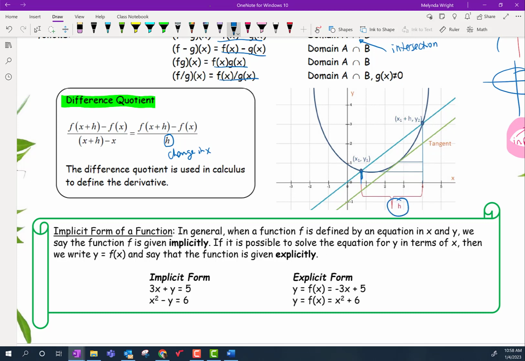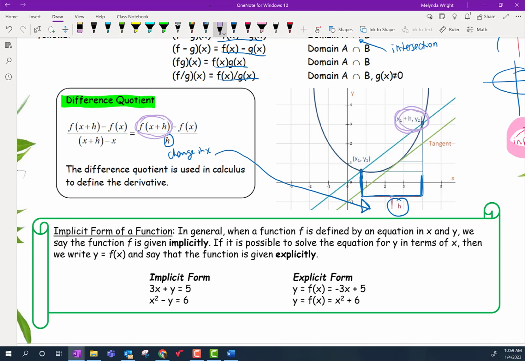If we look at this h right here, we'll look at the change. This x value used to be about 0.8, and then it changed, and now the x value is about a 4. So this h represents the change in x. The denominator represents the change in x. The numerator represents the change in y. In the numerator, this is the new y value, f of x plus h, right here.